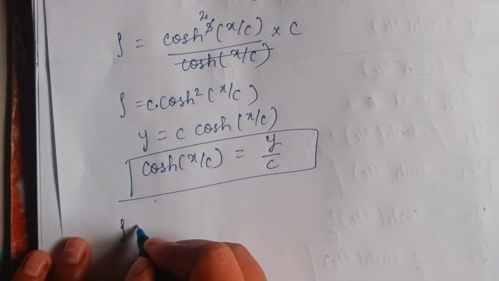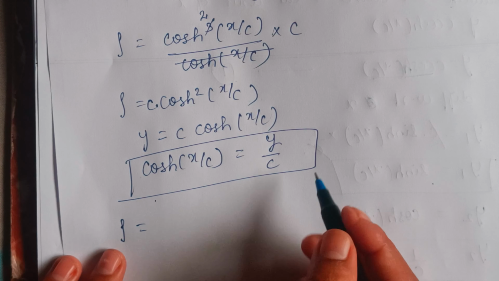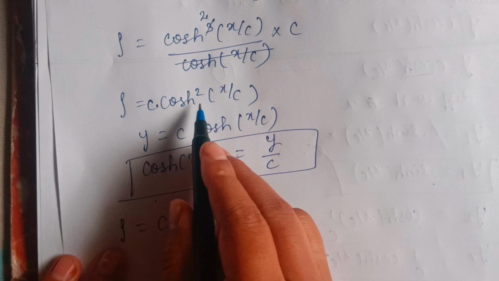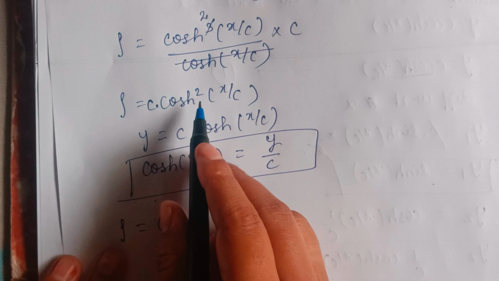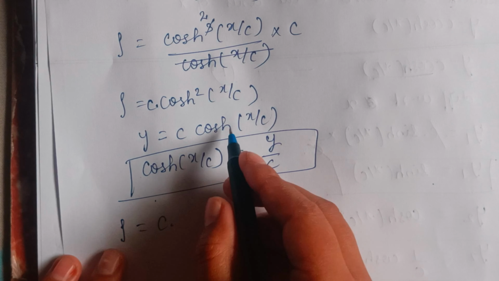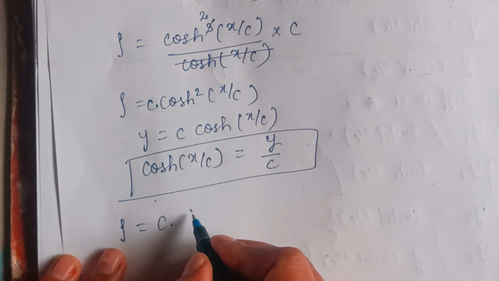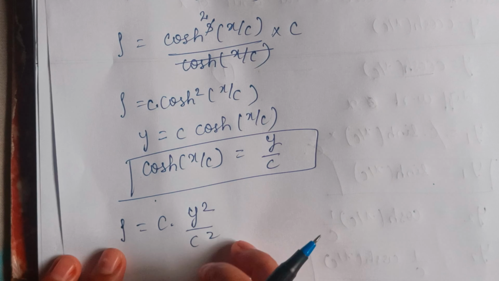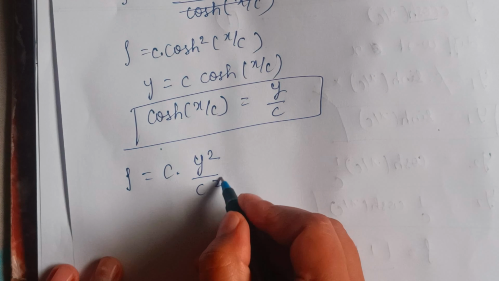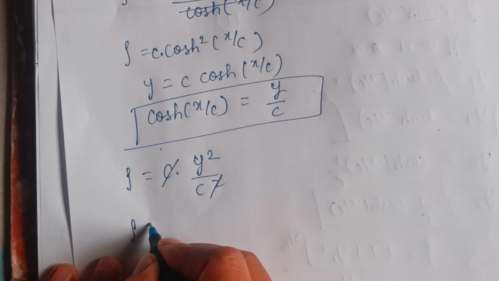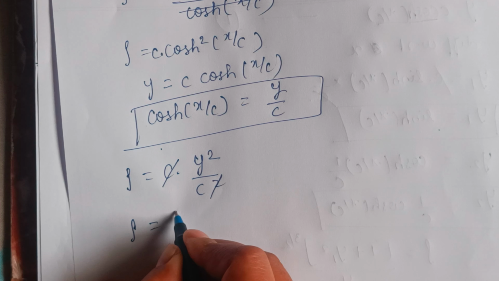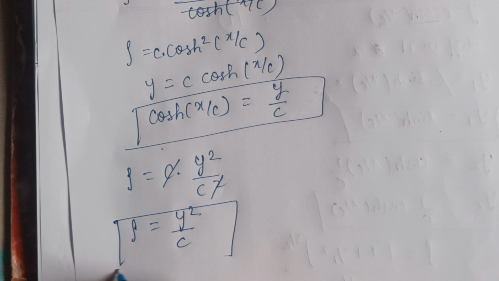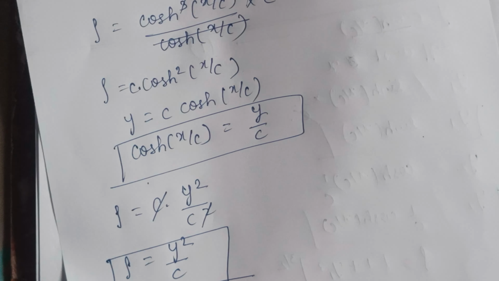So rho equals c into cos hyperbolic square x by c, which I can write as y square by c square. So c square and c will get cancelled. Radius of curvature will be y square divided by c. So this is one part of the question.